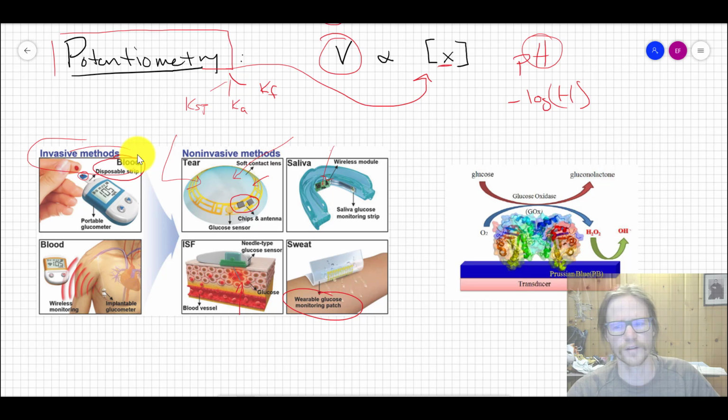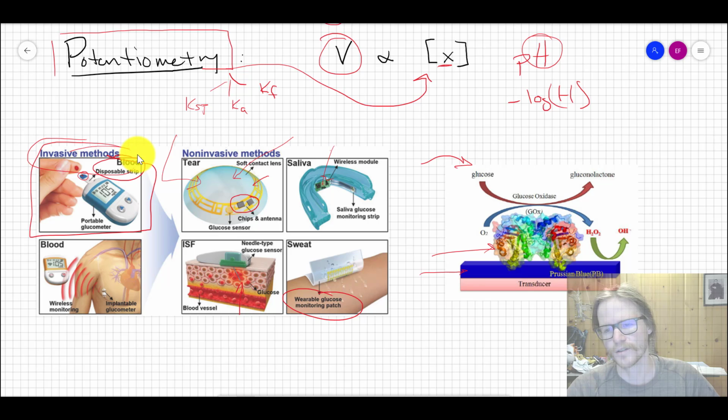Anyway, I'm sort of giving you a bunch of framing here. This picture over here shows you the mechanism by which this thing works. So the blood disposable strip for measuring glucose. This is pretty amazing. The way these things work is that they take glucose oxidase, and they harvest this not from humans but from other animals, unfortunately. They get high concentrations of this, and then they anchor it covalently to an electrode surface.